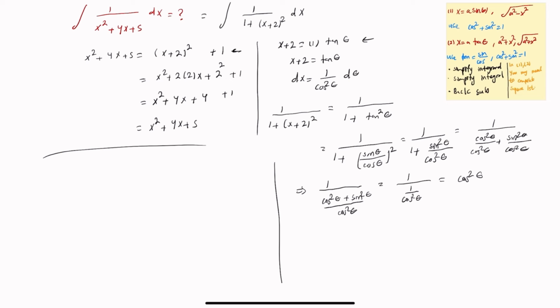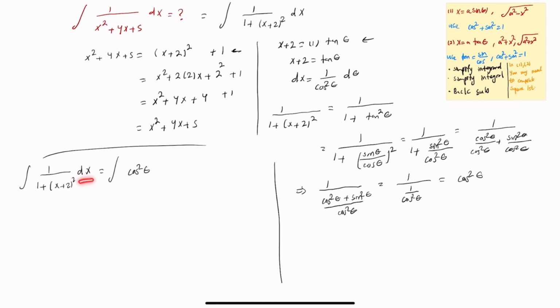Now I'm going to take the integral, which is this one in here. So we have the integral of 1 over 1 plus (x plus 2) squared dx. And then I'm going to use now tangent substitution. So that's going to be equal to, and then notice this term in here is equal to just cosine squared of theta.